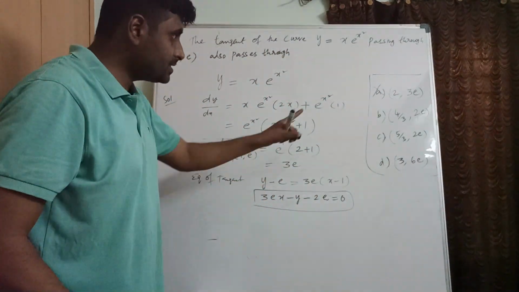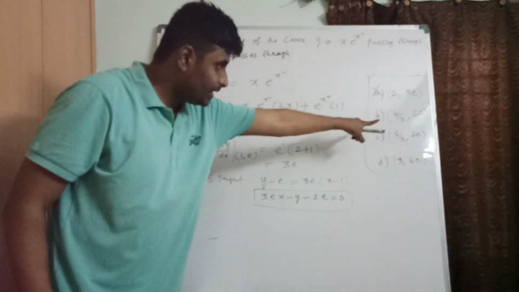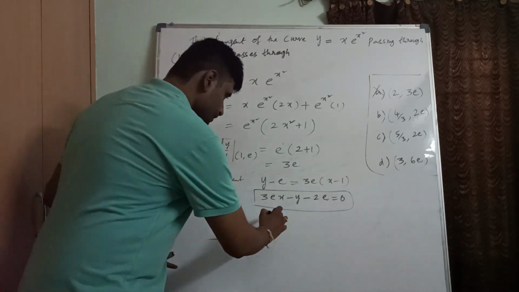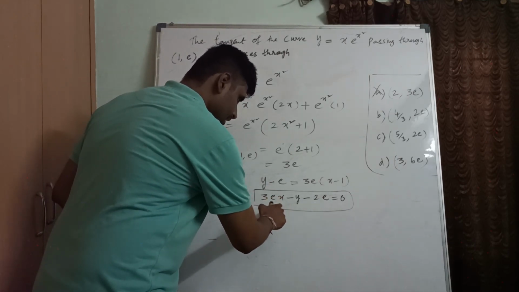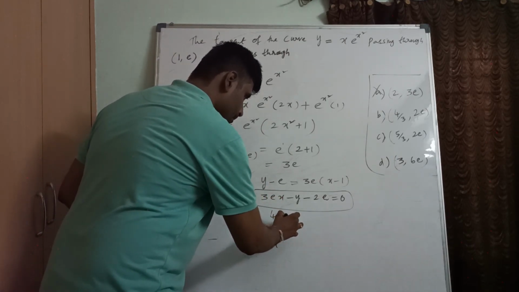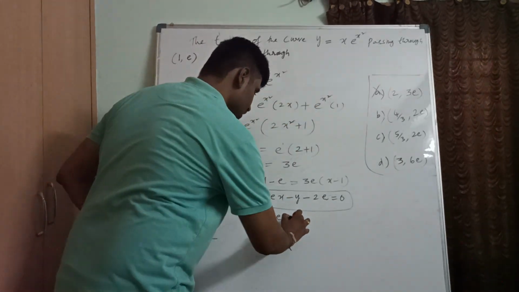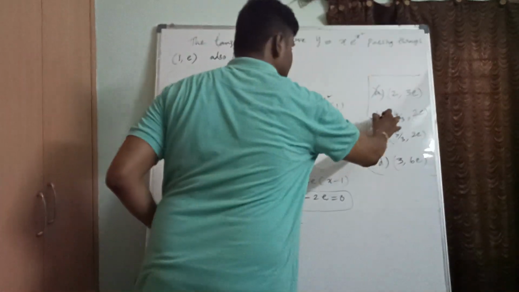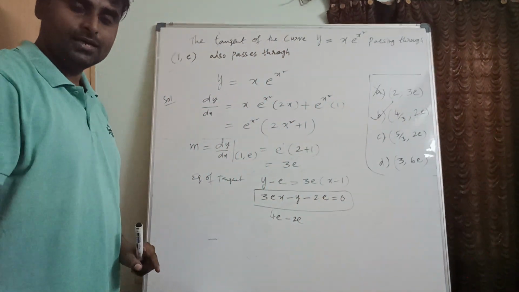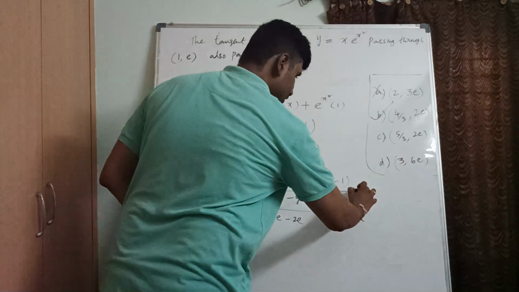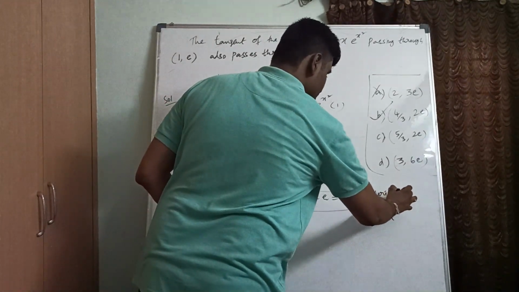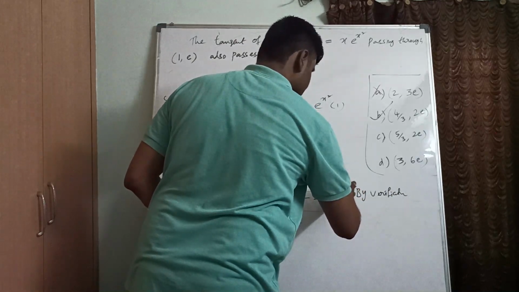Now let us substitute the second option. 4 by 3: the 3s get cancelled, 4e minus, what is y? 2e. 4e minus 2e is 2e, 2e minus 2e is 0. That's it. So this will be the correct option. It's very easy to verify the option in the end if you go through the concept. Clear?